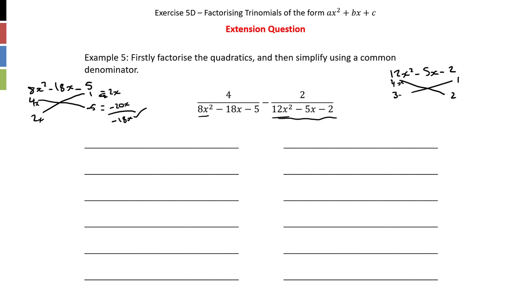Three. Okay, I need negative, so that will be negative. So 3x, negative 8x, down 5. Yes, that works. Okay, let's write this.